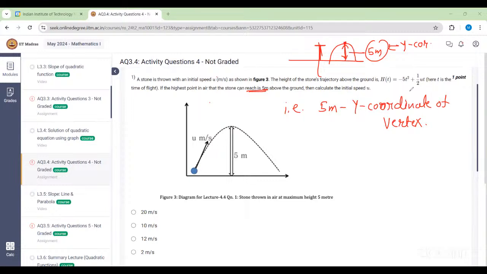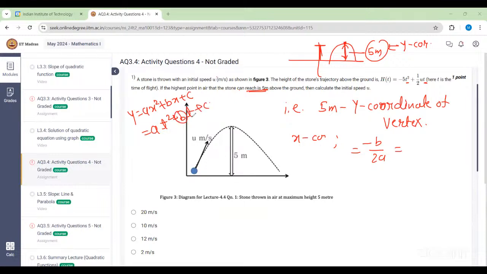If the parabola is given in this form, then the x coordinate of the vertex is given by minus b by 2a. Here, what is b? b is 1 by 2 multiplied by u. The parabola is given in t form, so t is our variable, like y equals a x square plus b x plus c, but instead of x we have t: a t square plus b t plus c.